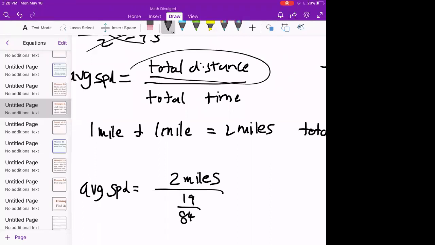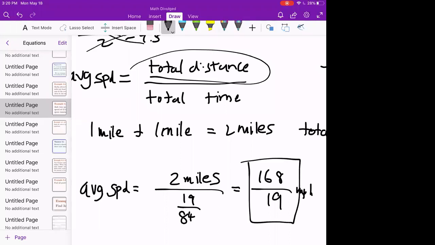So his average speed would just be 168/19 miles per hour. And this value should come out to be somewhere between 7 and 12. It's probably closer to 7 since he takes more time going up the hill, so it'll be a bit weighted towards the upward speed than the downward speed. And that's our final answer.